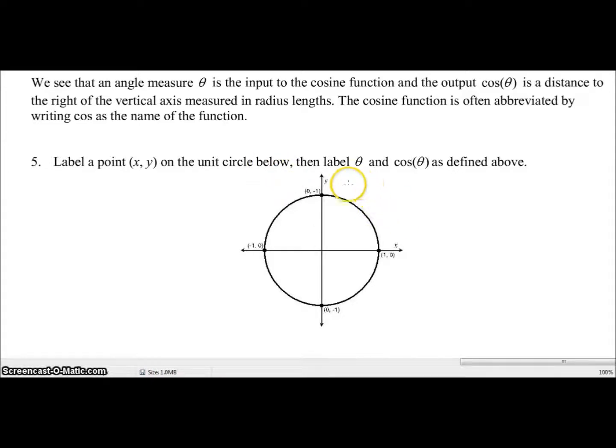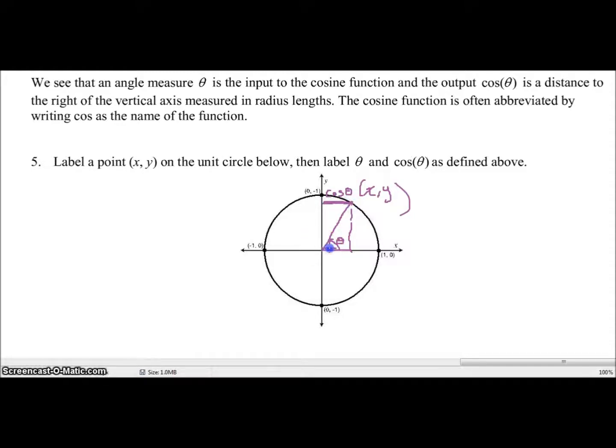Label a point xy on the unit circle below. So here's a point xy. Then label theta and cosine theta as defined above. So here's theta. Then cosine theta is just the horizontal distance from the vertical diameter. This little piece right here is cosine theta.